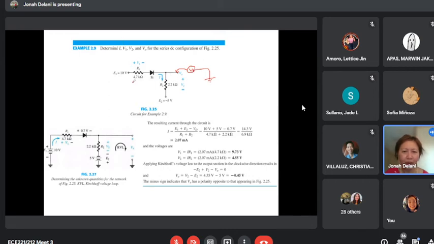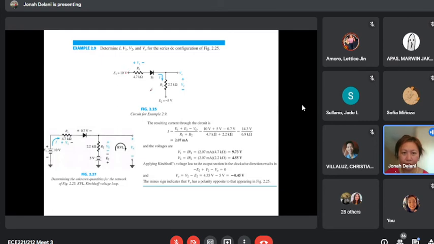So anyway, for the current, what is our equation? KVL. So we would have 10 minus V1 on one side of the equation, the voltage source, and the other side of the equation is the voltages of the components.